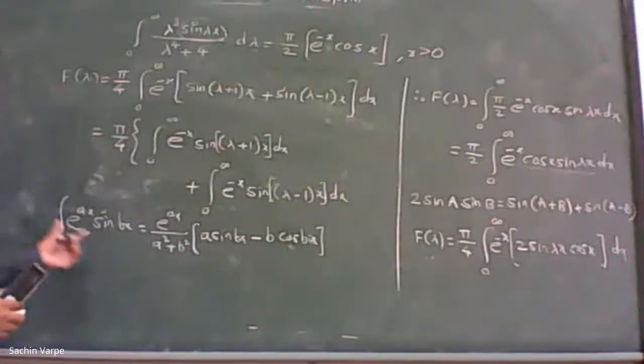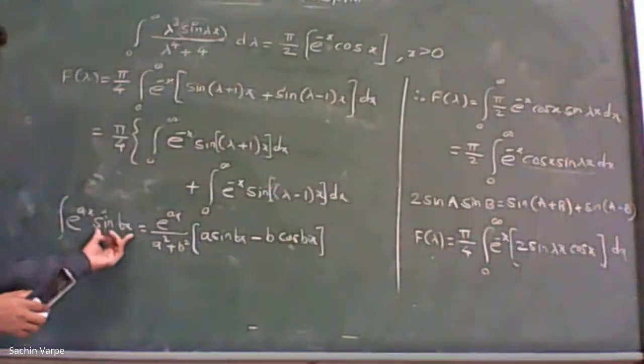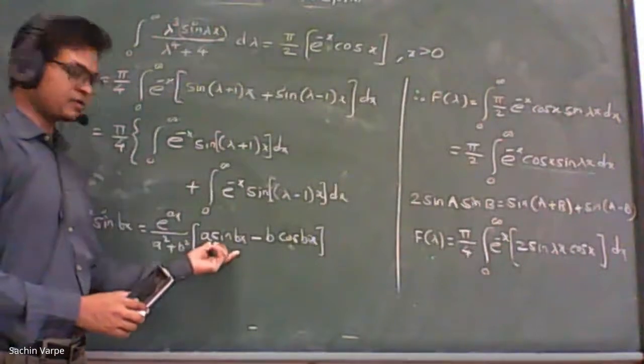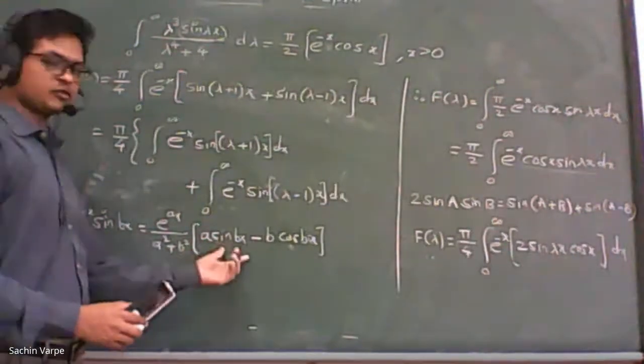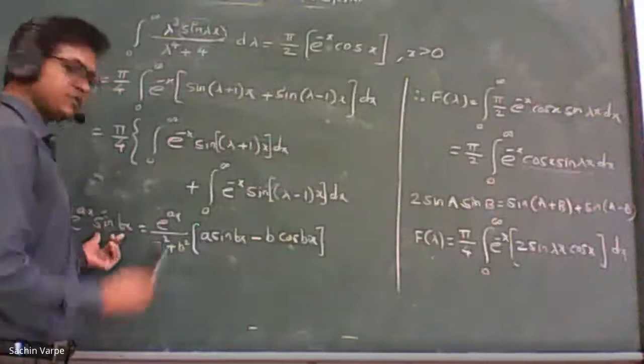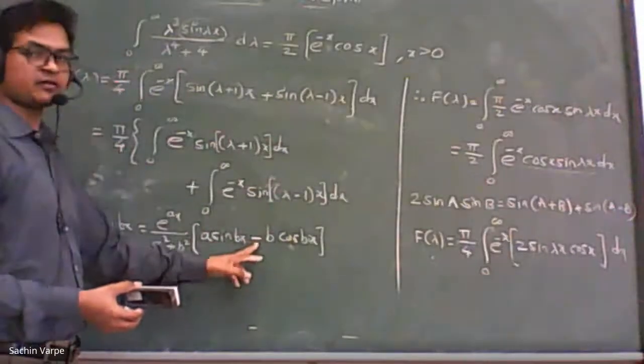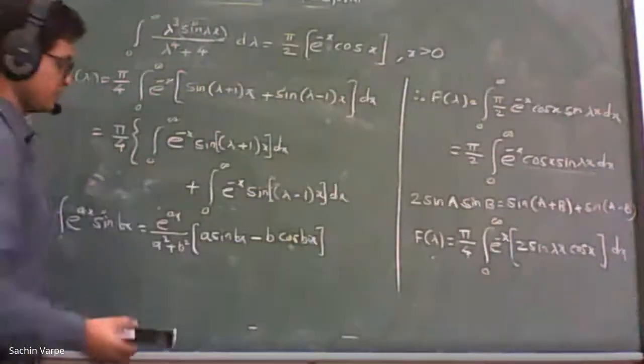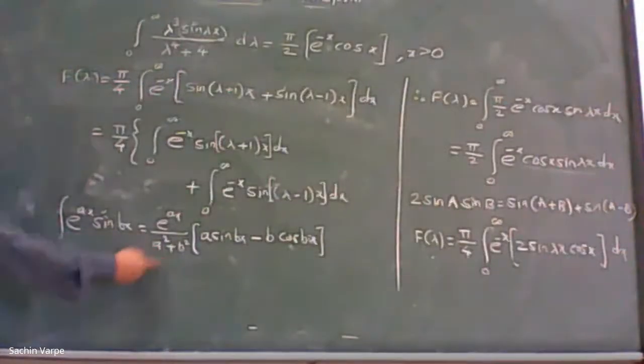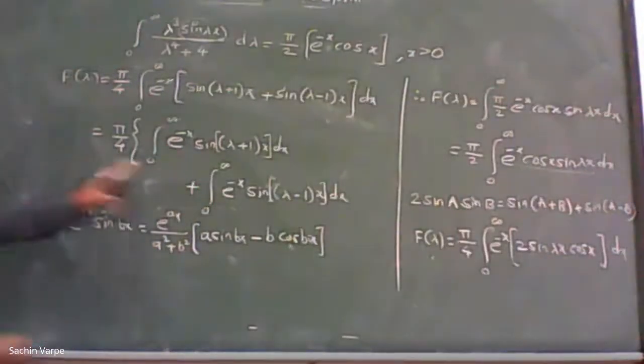I've told you the hint for how to remember this formula. If it is sine, then we start with a sine bx, and if it is cos, then a cos bx. And since integration of sine is minus, therefore minus b cos bx. So very easy to remember this. So apply this formula to both of these integrations and check.